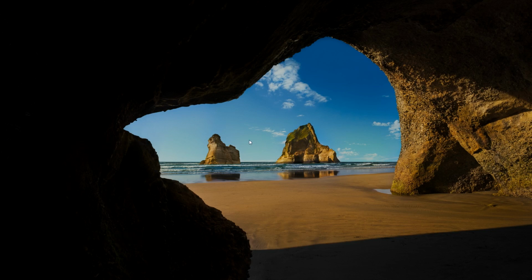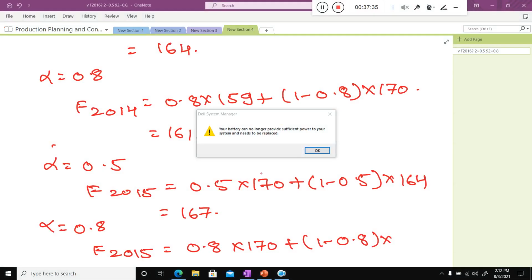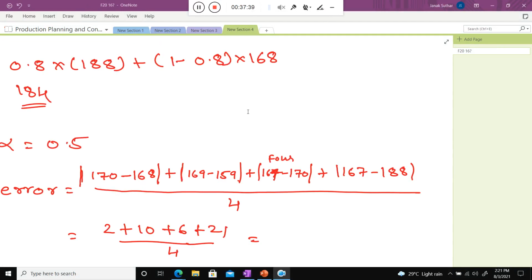Okay, so I just consider alpha is equal to 0.8. In that condition, the forecasting error. I just see the forecasting, the 2012 year is the 176.